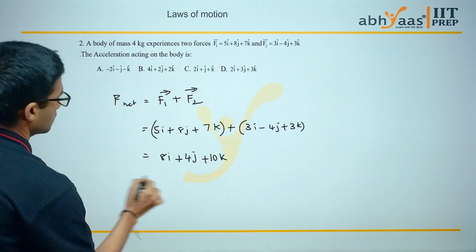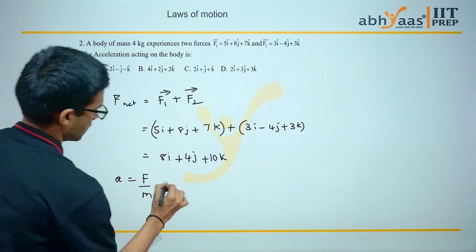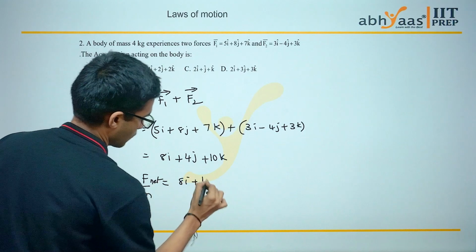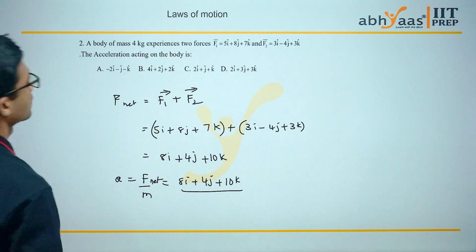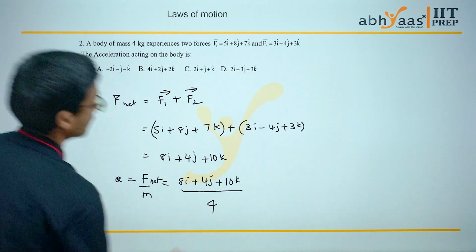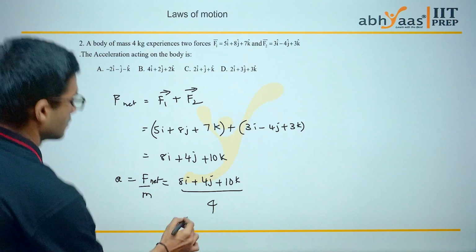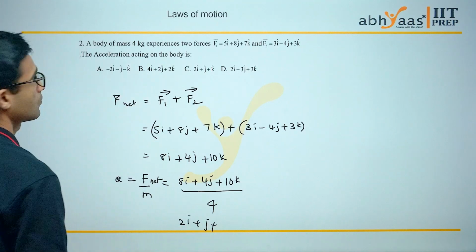Acceleration is equal to F by m. F net is 8i plus 4j plus 10k divided by the mass, which is 4. That gives 2i plus j plus 10 by 4, which is 2.5.